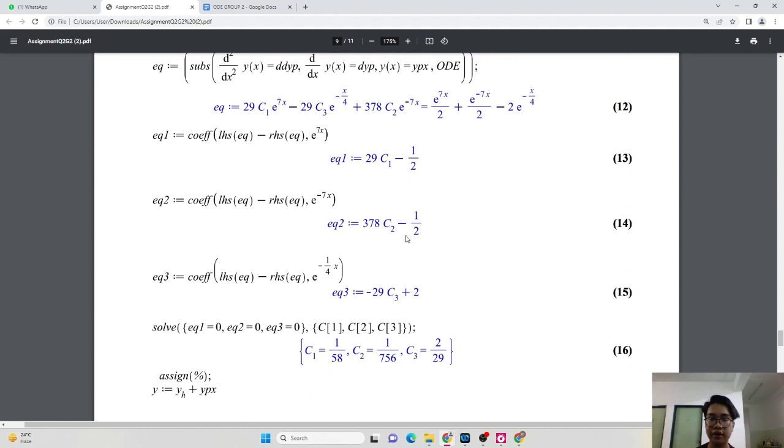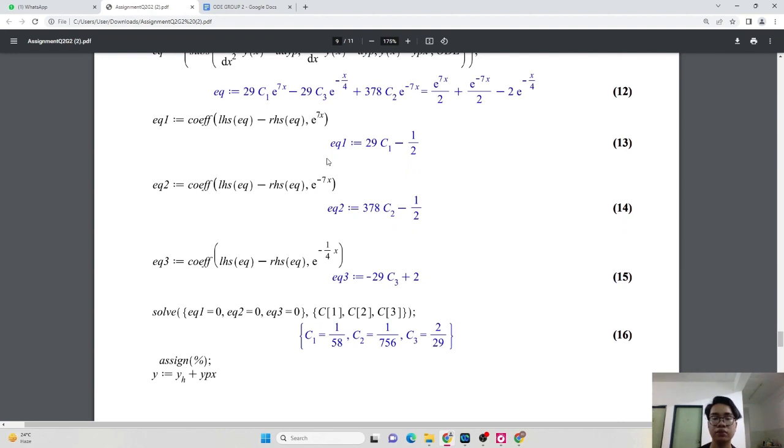The 13th step is equation 1 equal to coefficient, LHS equation negative RHS equation, make power of 7x. And the equation 1, the answer we get is equation 1 equal to 29 C1 negative 1 over 2.